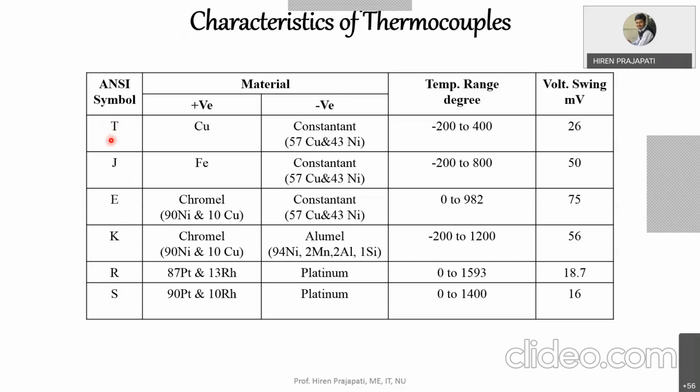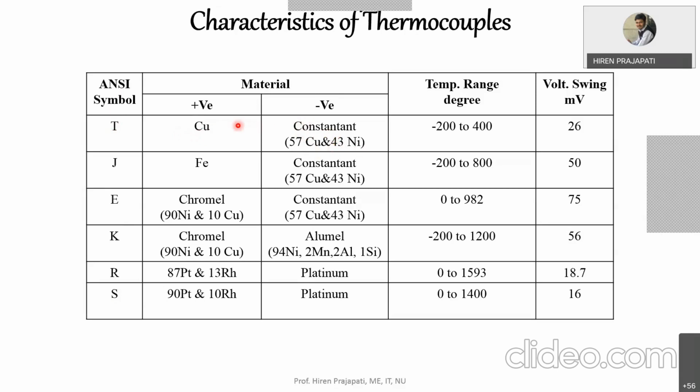Like if I say I want a T type thermocouple, then in T type thermocouple, as a positive wire you have copper, and as a negative wire you have constantan. Constantan is again an alloy of copper and nickel, 57% copper and 43% nickel, right?